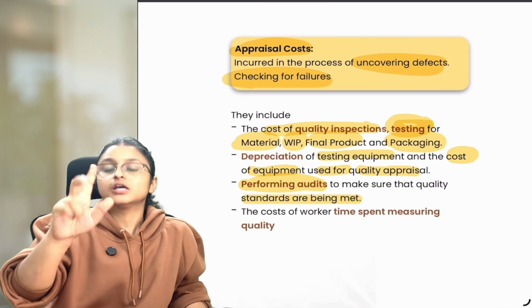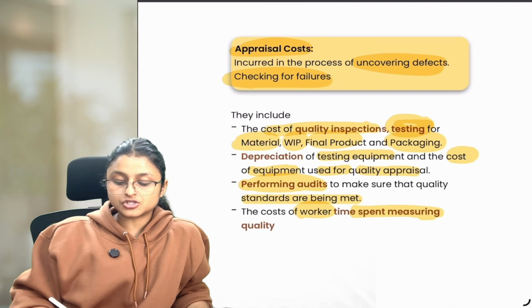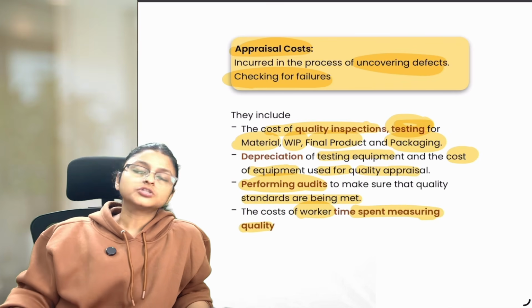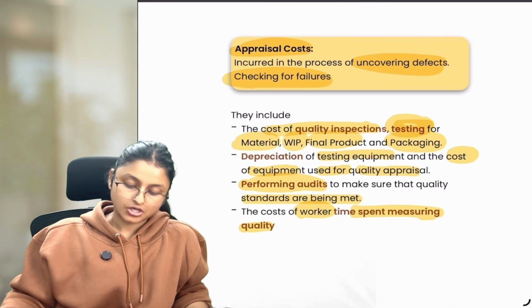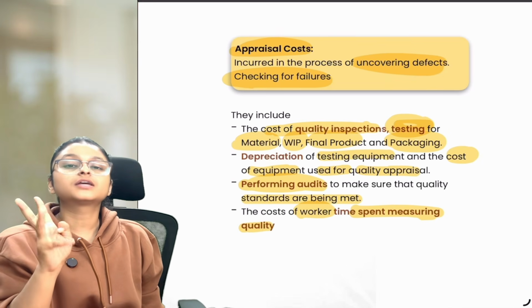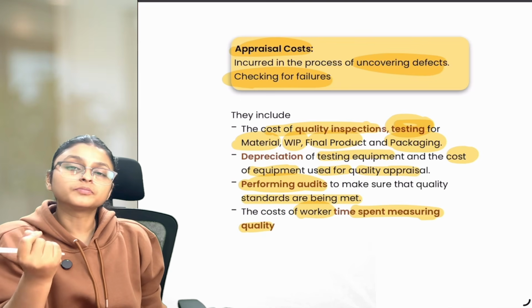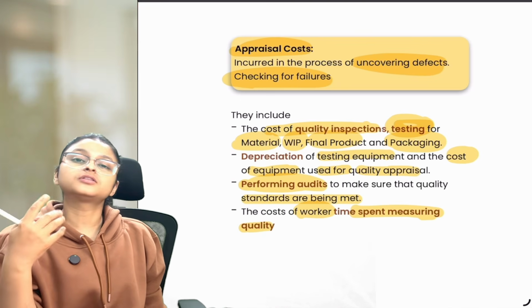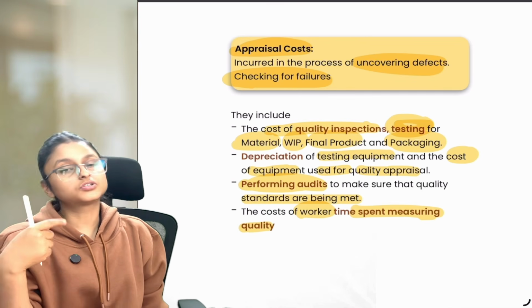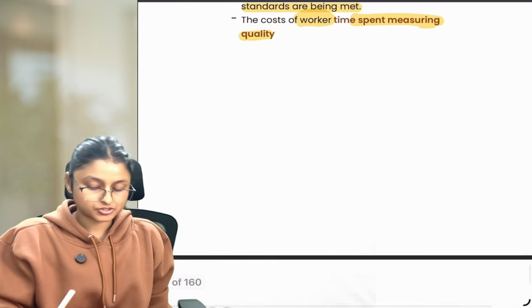The cost of it will be included in appraisal cost. Cost of worker time spent measuring quality. The worker who is inspecting the product, the cost of it will be included in appraisal cost. So here we are including the cost of quality inspection, testing, depreciation cost of equipment, or if the equipment is of very low cost, then the total cost of equipment, audit cost, performance audit cost, and the time cost for the worker who is performing the inspection.